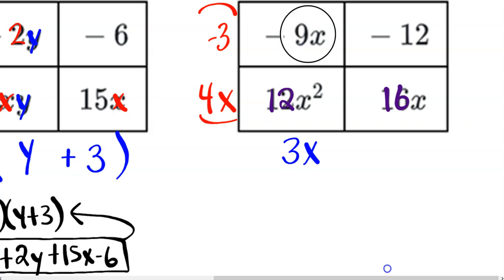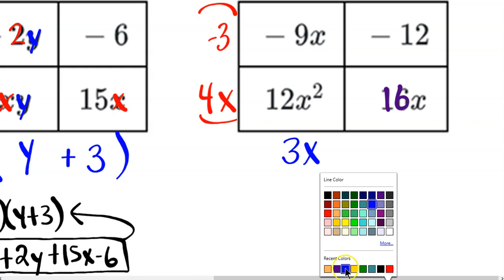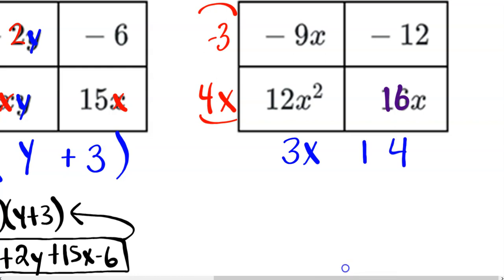And getting back to the 16, that takes a 4. And that 16 is positive. And then 4 times -3 is -12. And I think we're done. So we have our like terms right here.